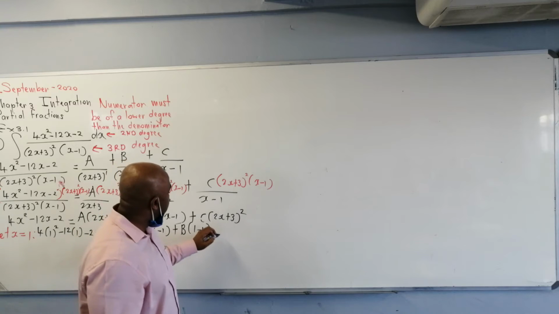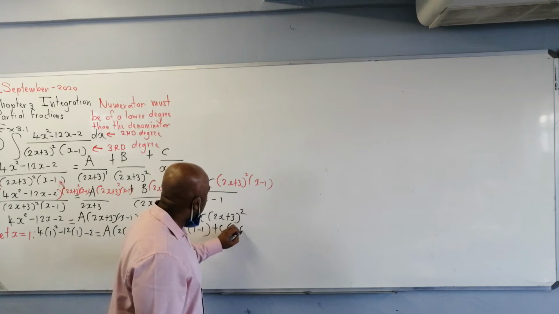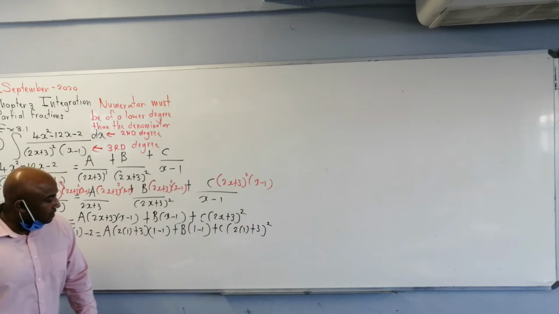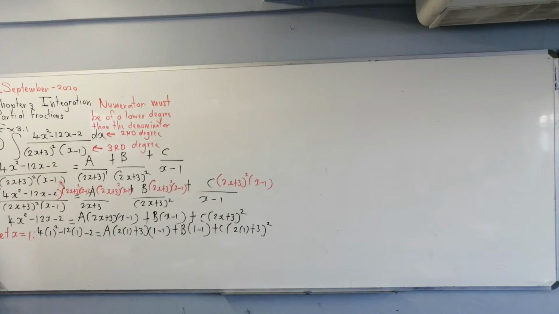All I'm doing is replacing x with 1. Right, so now, what do we have here? 4 minus 12 is minus 8, minus 2, which is minus 10, correct?